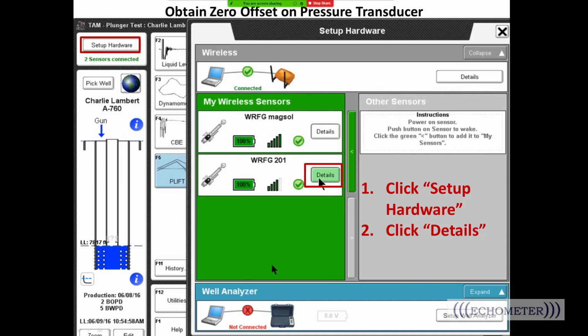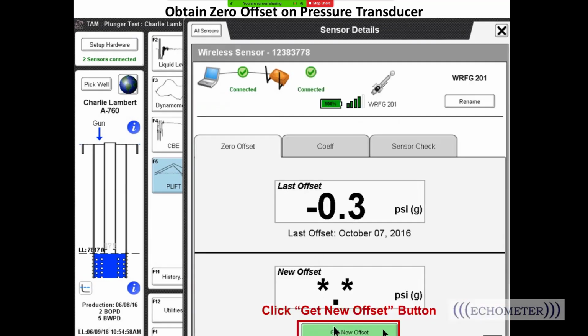We have, in this case, two gas guns, and we're going to go into the different gas guns and zero the pressure on the gas guns before we start acquisition. So we'll click on the details button and get the zero offset of the pressure transducer, so we have it zero before we apply pressure to the gas gun.